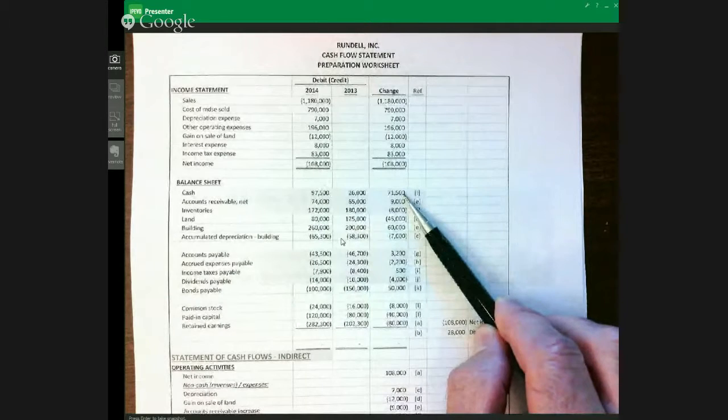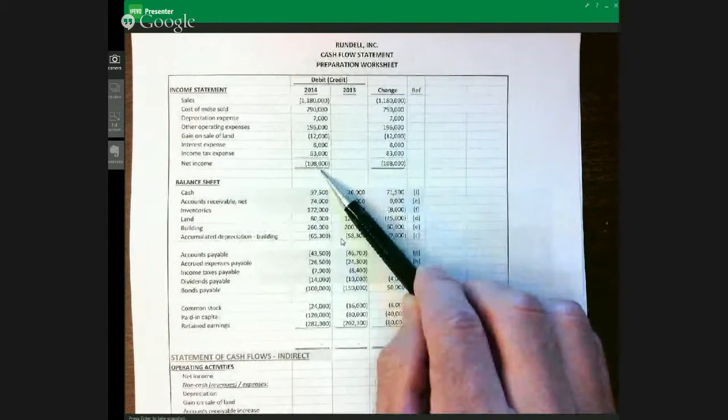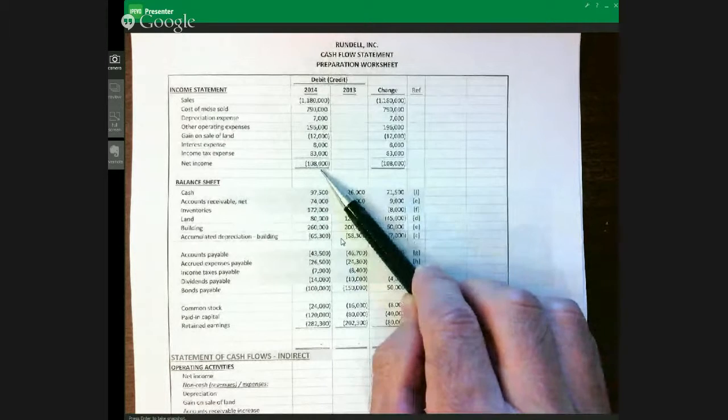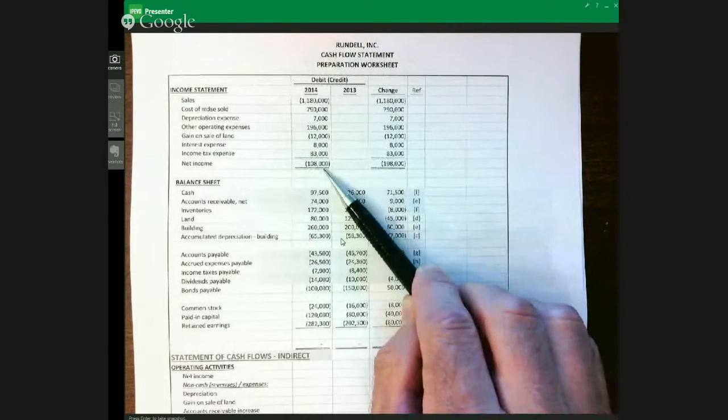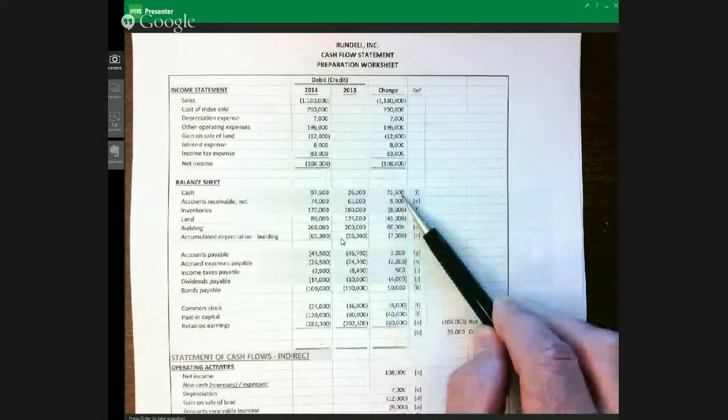Who has been stealing my money? I want to know right away. Well, the statement of cash flow is designed to do just that. It reconciles the net income that's reported on the income statement to the change in cash, so that the owner will know specifically why the amount of income differs from the amount of cash.